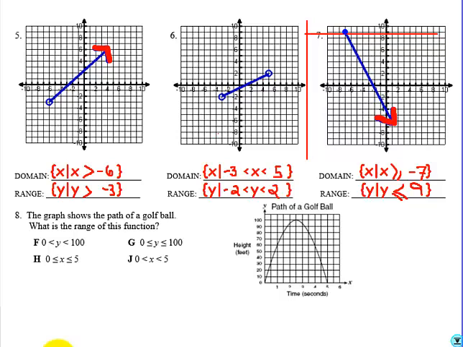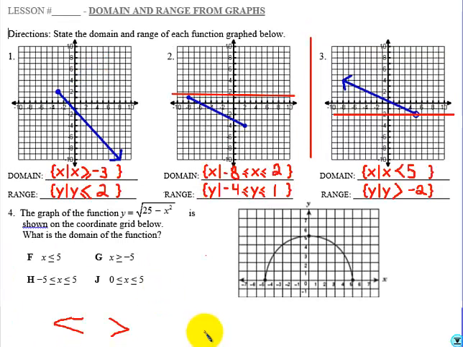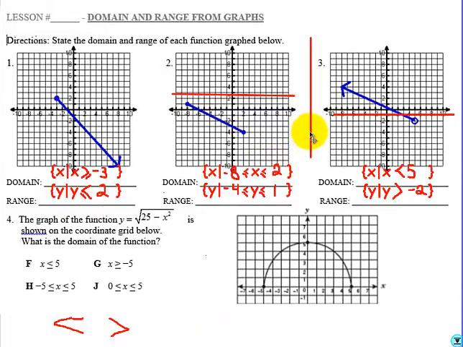Alright, now let's go back then and tackle problem number 4 now. Okay, the graph of the function y equals square root of 25 minus x squared is shown on the coordinate grid below. What is the domain of the function? Okay, remember domain, we were using the horizontal line.